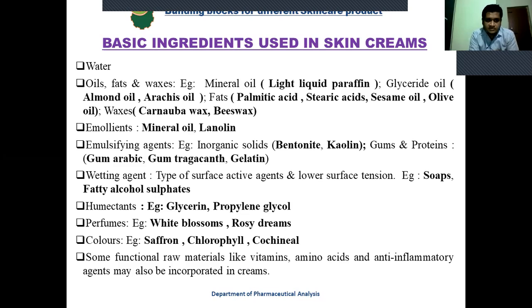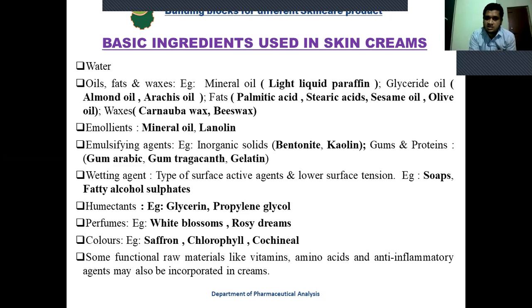Okay, next, emulsifying agent. It is very important. Why? Because we know that in an emulsion there is oil and water. If we mix oil and water in a beaker or glass vigorously, they will mix, but after a certain period they will separate.